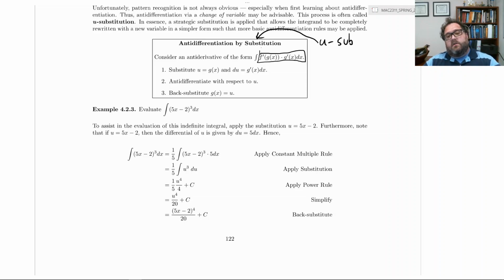But then at the very end we back substitute the original variable, most of the time x, but not always x. Here's what I mean by that. I know that doesn't give you a lot to go on, so I'll give you an example.